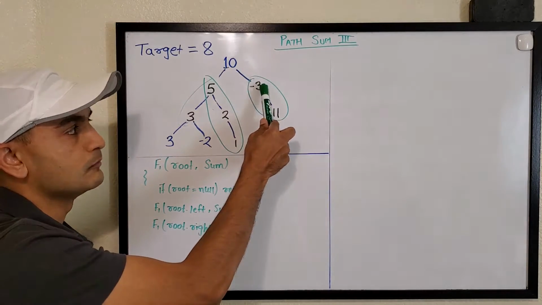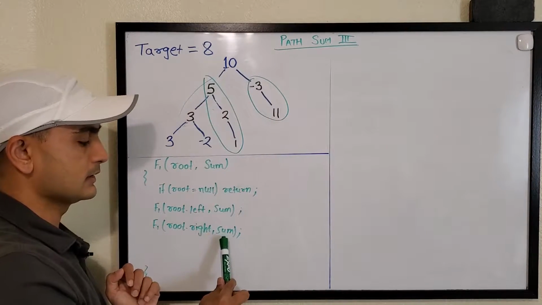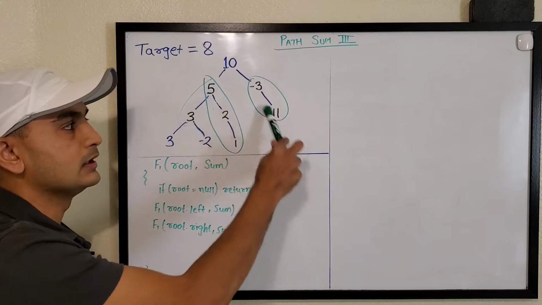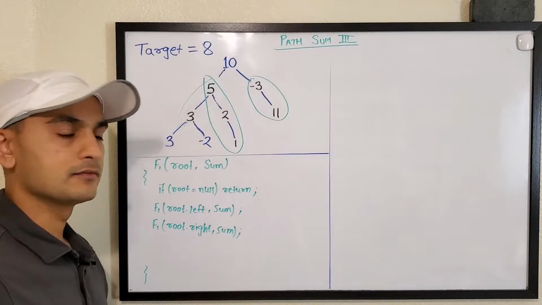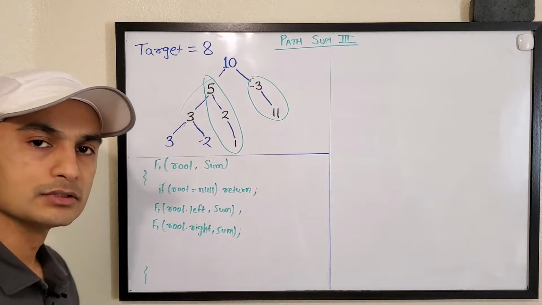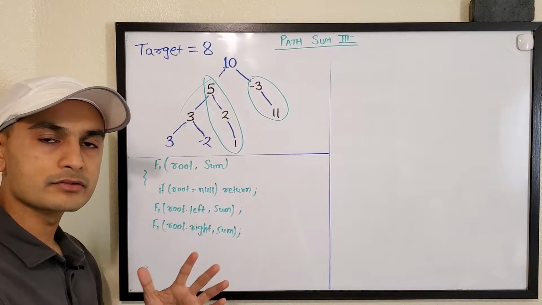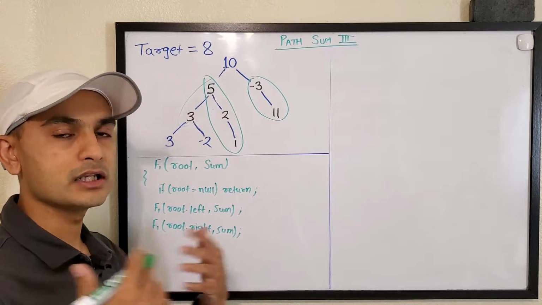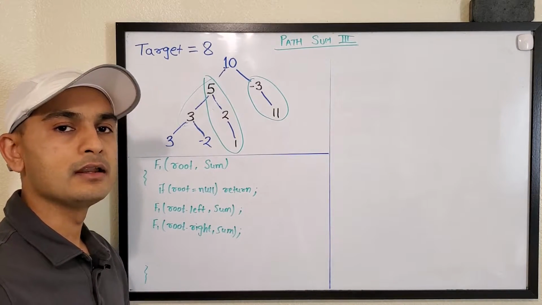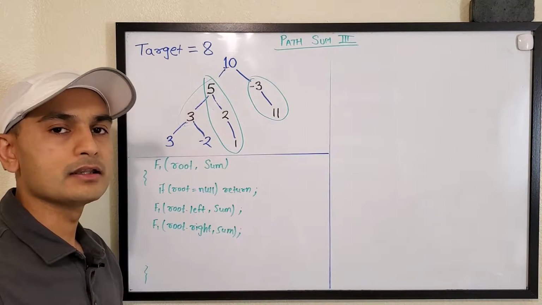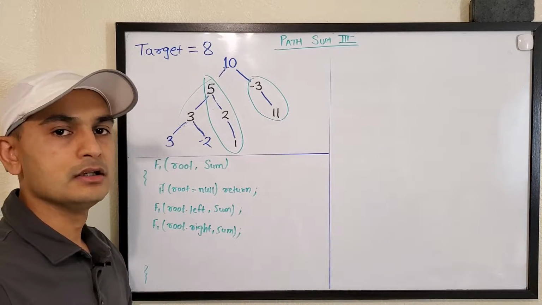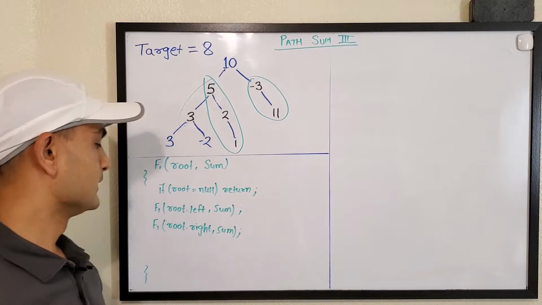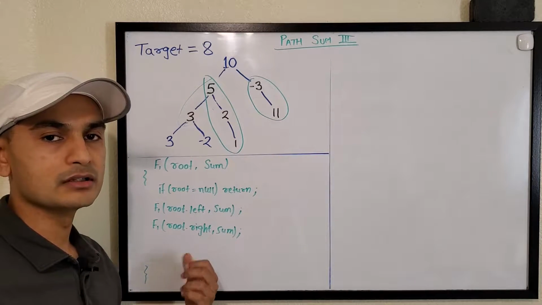It'll call it for node -3 with the same target 8, and subsequently they'll call their children for the same function. This is kind of a starting function where each node will think that I am the starting node in that path and I need to find that target in my children's paths along with my value. That's what this function will do recursively.